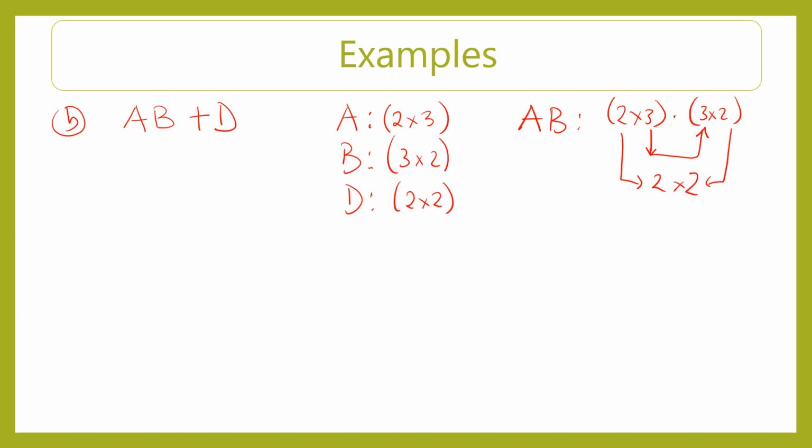So imagine that this cancels out this, so we will be left with 2 by 2. Now, AB plus D, does it make sense? It will make sense if the size of A times B is exactly the size of D, which is true because we just got that A times B is 2 by 2, plus D, the size of D is also 2 by 2. So definitely this makes sense.